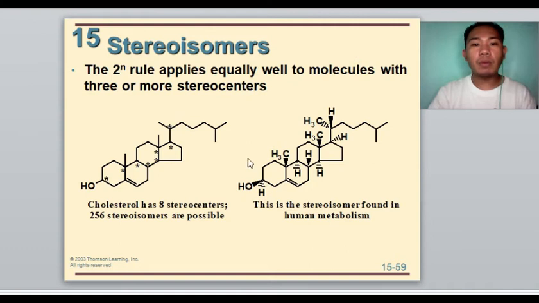Just like what we have here, cholesterol, a more complicated molecule, has 8 stereocenters. To identify them, remember to add an appropriate number of hydrogens to complete the tetravalence of each carbon you think might be a stereocenter.